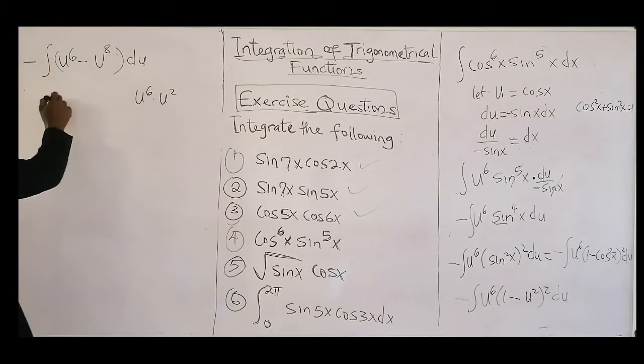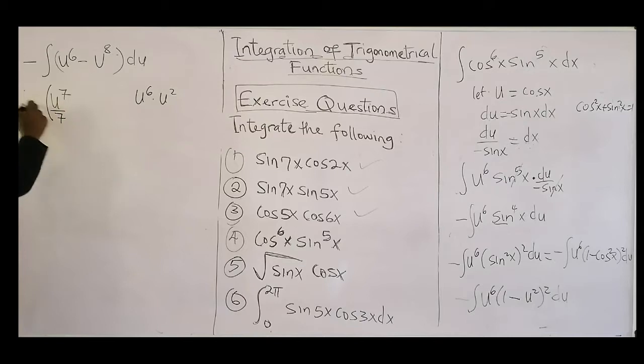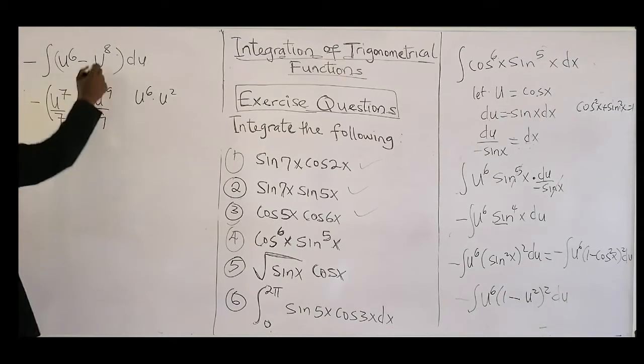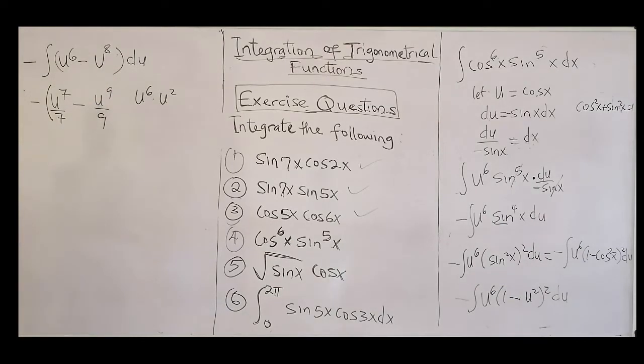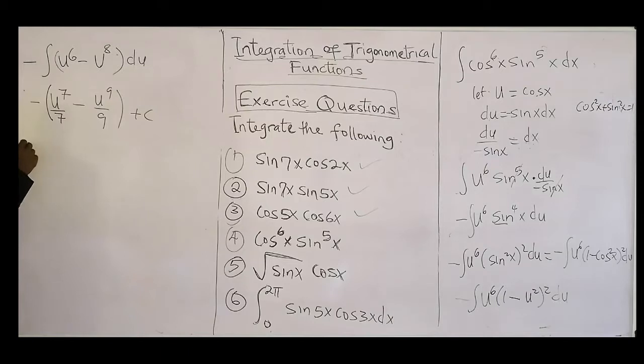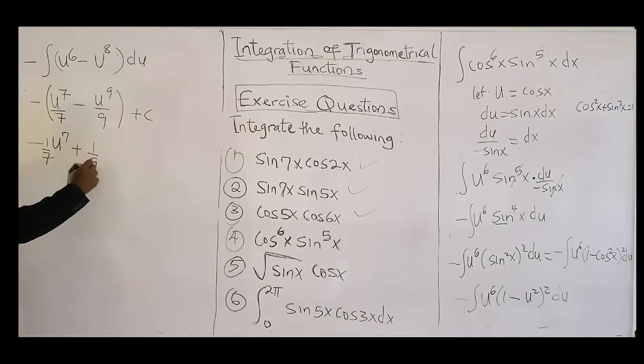So this will be equal to, integral of that, u7 over 7, the minus is outside, minus u9 over 9, plus c. Open the bracket, so that is minus 1 over 7 u7 plus 1 over 9 u9 plus c.